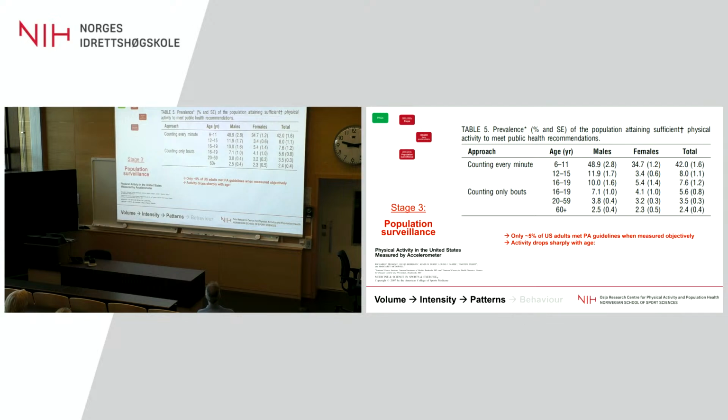The bottom line was that these estimates were really low, surprisingly low. So that caused a big stir. And as all of you know, deriving from that big signal down to a yes or no on a guideline is very challenging. But this was a big paper, and it showed that only 5% of US adults met physical activity guidelines.